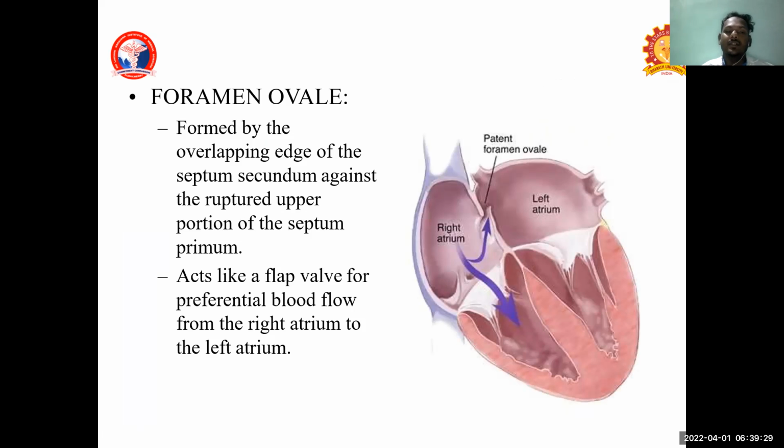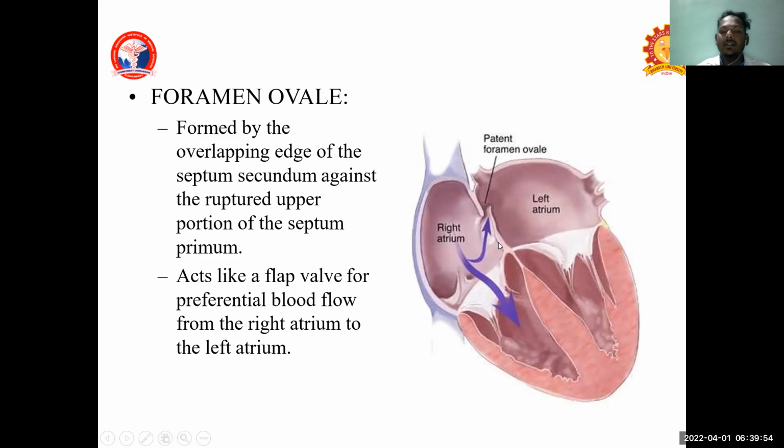Next, we are going to see what the foramen ovale is. As you know, the foramen ovale is formed by the overlapping edge of the septum secundum against the ruptured upper part of the septum primum. This is the septum secundum, this is the septum primum.